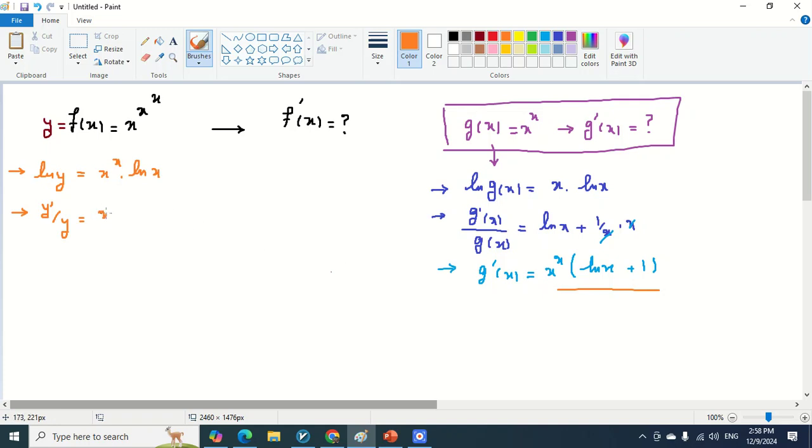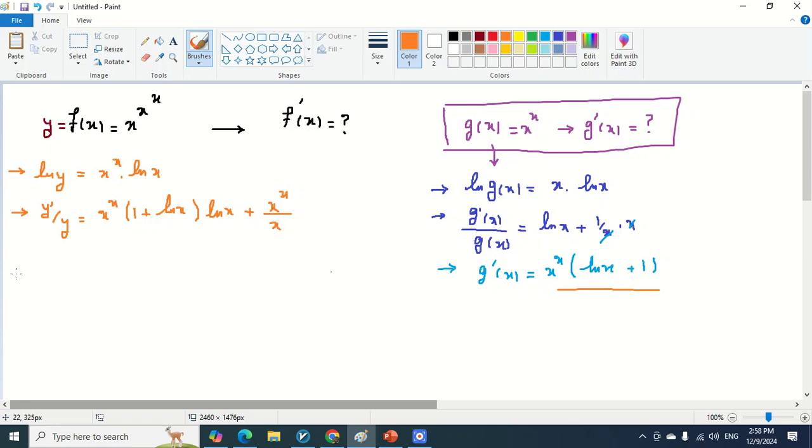The derivative of the first one is x to the power of x multiplied by 1 plus ln x, and the derivative of the first one should multiply the second one, which is ln x, and the derivative of the second one, which is 1 over x, multiplied by that one as well, so it means x to the power of x multiplied by 1 over x, or I can divide it by x.